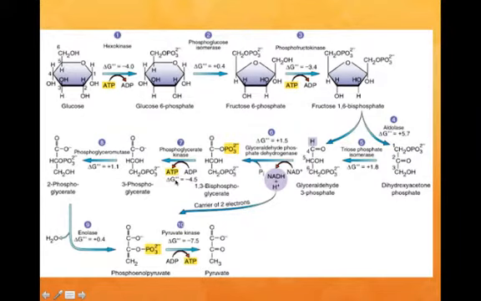If we're making 4 ATP here, from step 6 on, it's the energy payoff phase. We make 4 ATP, but we've used 2, so we're netting 2 ATP because we use 2 but we make 4. When all is said and done, we've really only made 2 to use.